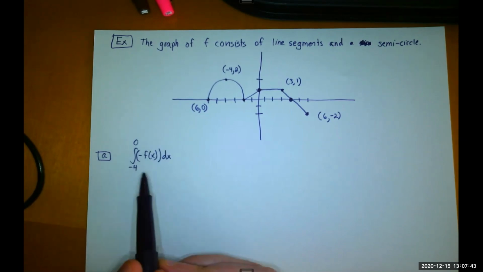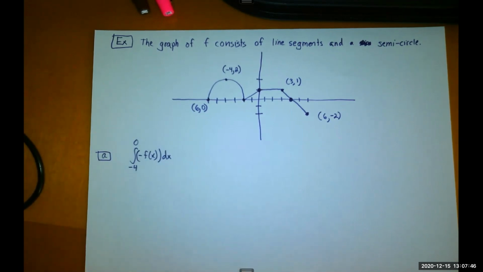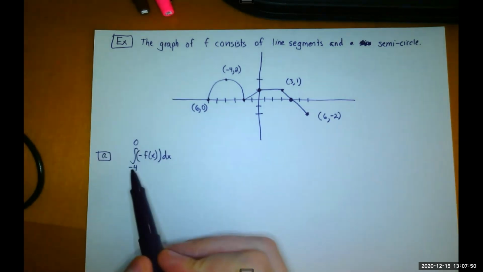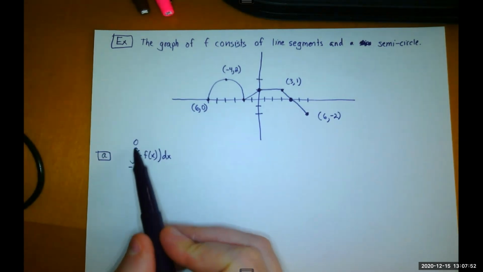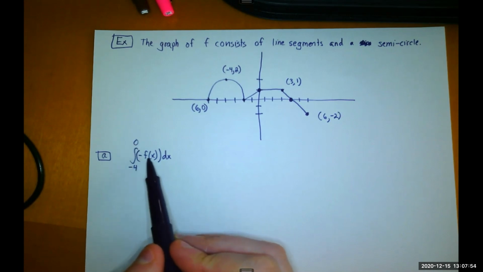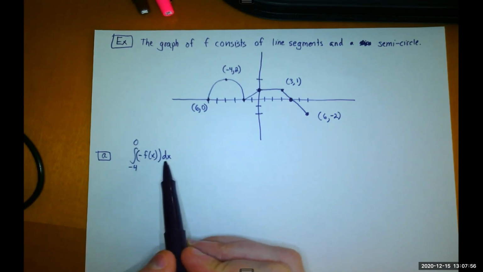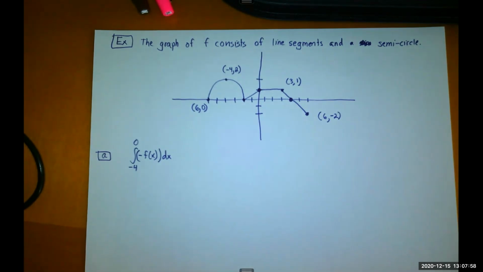And I need you to get used to doing 2 things. The first thing I need you to do is get used to reading the notation. So this is the definite integral from -4 to 0 of the opposite of f of x dx. And what you need to be doing is you need to be thinking to yourself, okay, what math am I going to be doing here?